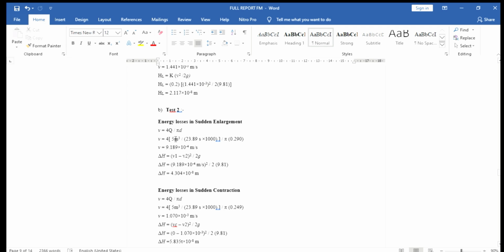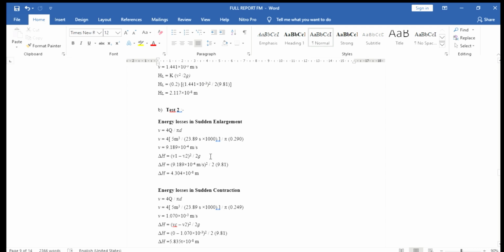So for the new flow rate, 5 liter divided by 23.89 second times 1000. So for the velocity, V equal to 4Q per pi D squared. We put the value, and then we get 9.189 exponent negative 4 meter per second.